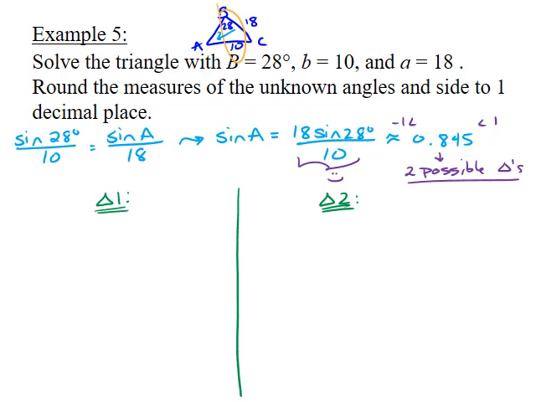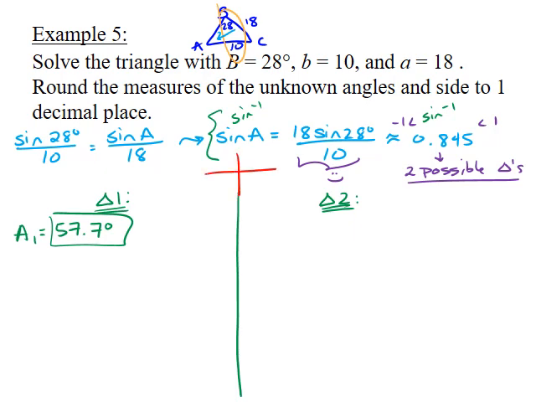Then I will proceed with what I have written in blue here to find angle A1. And the way I'll do that is by taking sine inverse of both sides. When I do, I get A1 to be 57.7 degrees. Now remember, sine inverse, when you type that into your calculator, it's only going to give you the acute angle.